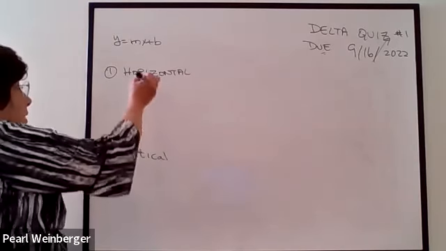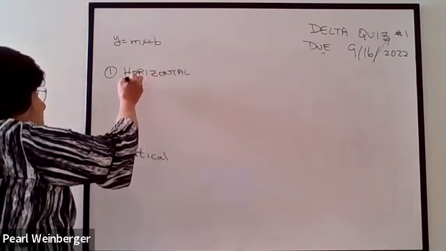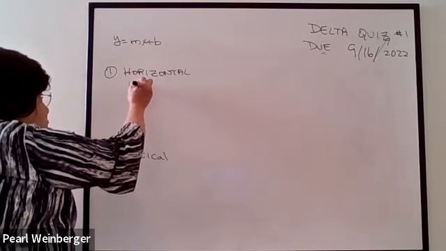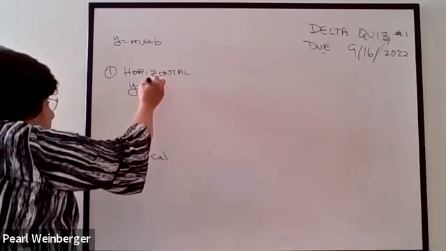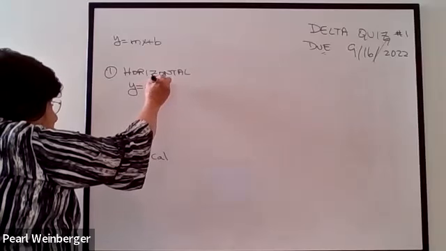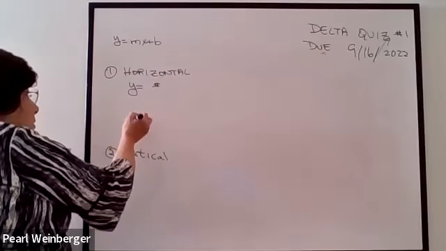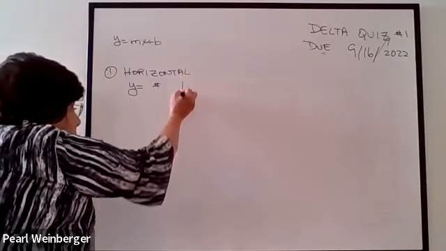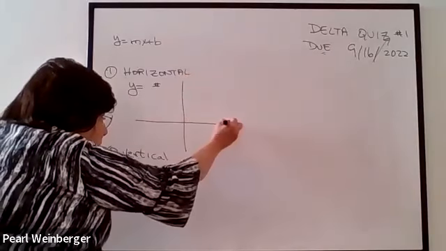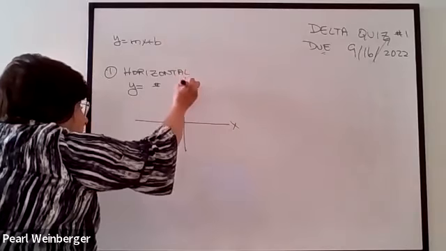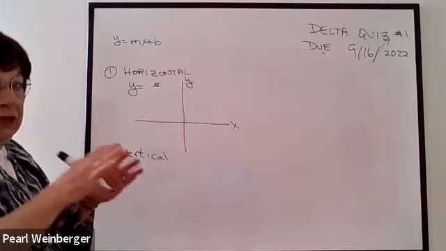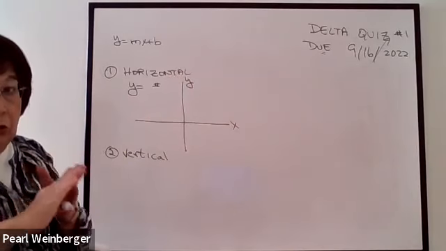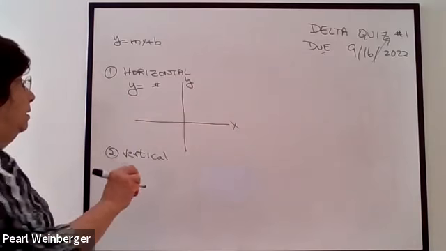Talking about a horizontal line, a horizontal line just has an equation y equals a number. In other words, there's not going to be any x in the equation. There's only going to be a y.